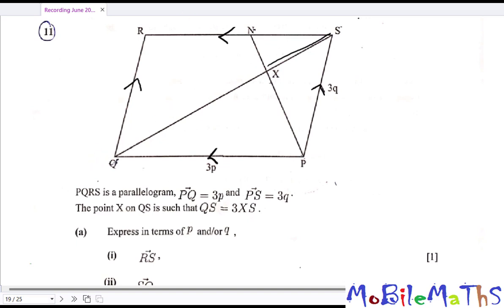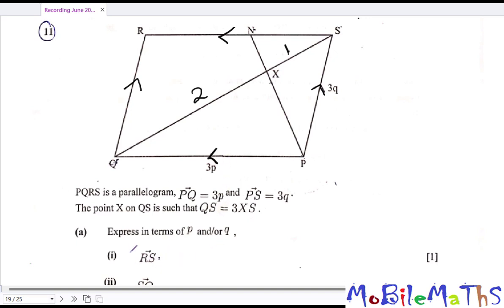So what it implies by that statement is that if I have 1 here, I'll have a 2, so that this one multiplied by 3 times will give me the whole thing here. Because according to this statement, QS is 3 times XS, the way I've written it.